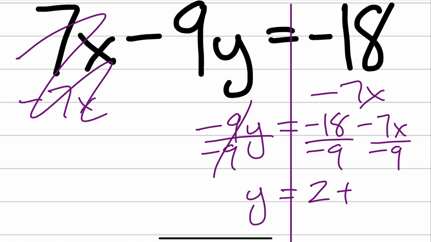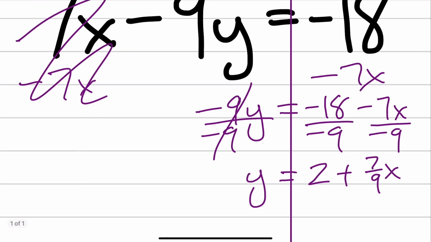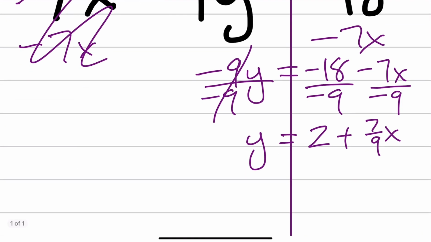So we're just going to leave it the way it is because I know that 7 doesn't divide by 9. And we're going to keep that x on the end. Okay, last step is just to switch them up. Both of these are positive, so that's nice. That'll leave us with y equals 7 over 9x plus 2. Boom.